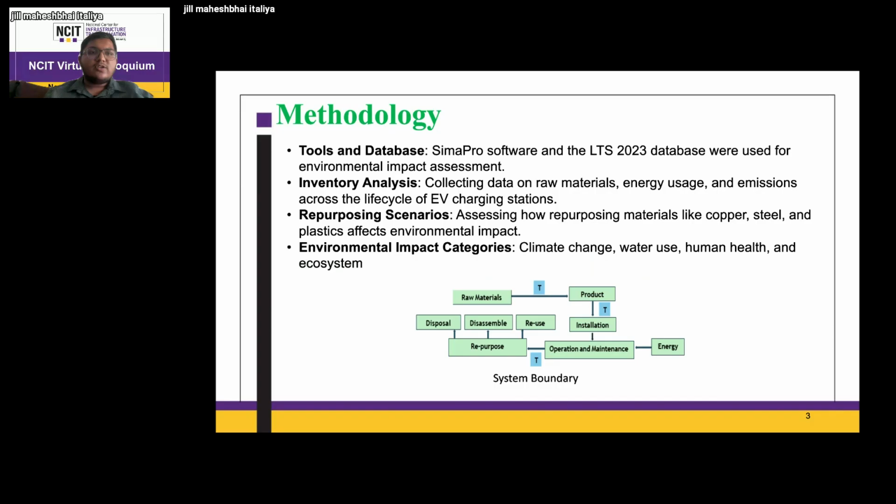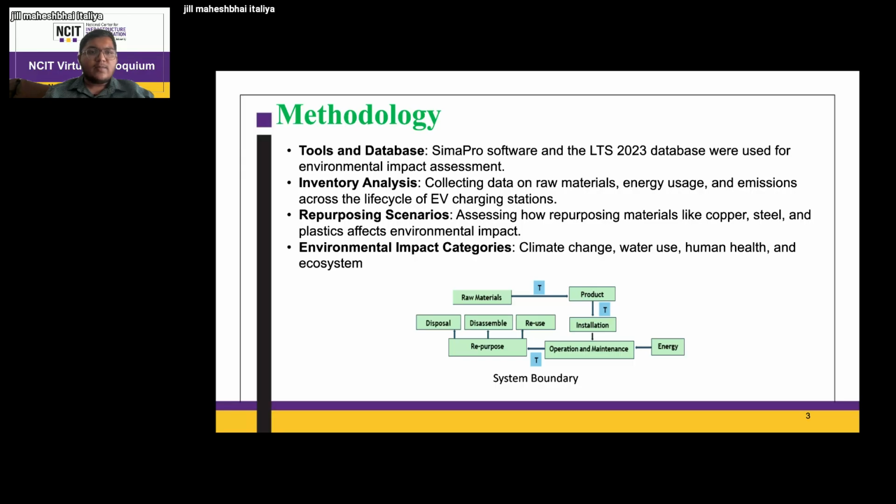The methodology: the tool we are using is SimaPro, a life cycle analysis tool which uses a long-term sustainability database, through which we do multiple metric iterations over hundreds of years and see what individual components contribute to emissions to the environment.